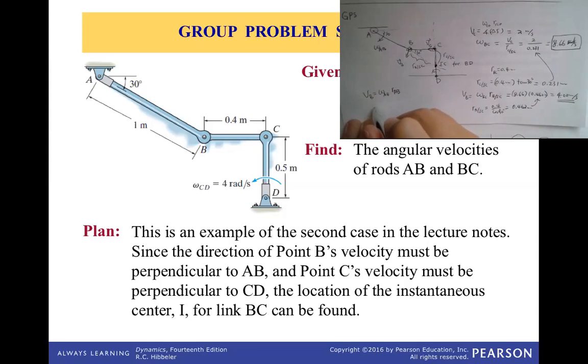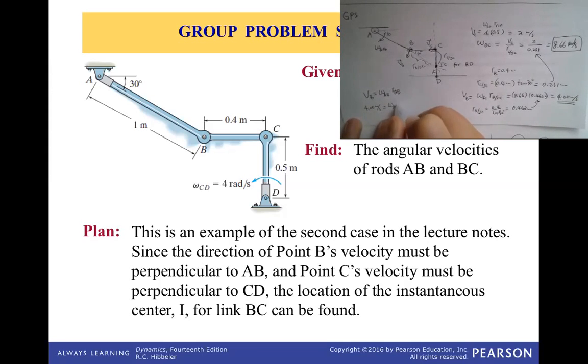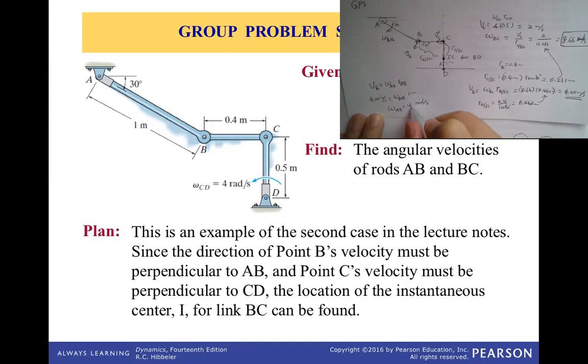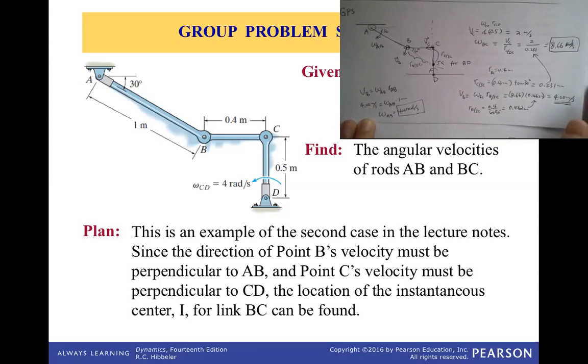So this is 4.00 meters per second equals omega AB times 1 meter. So omega AB then is 4 radians per second, okay, or 4.00, okay? So that's how we are going to do it, okay? Yeah, this one is pretty similar to example 1, okay?